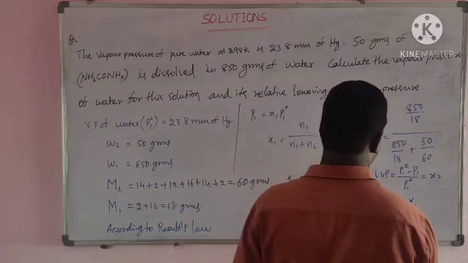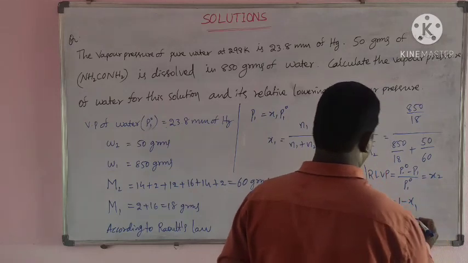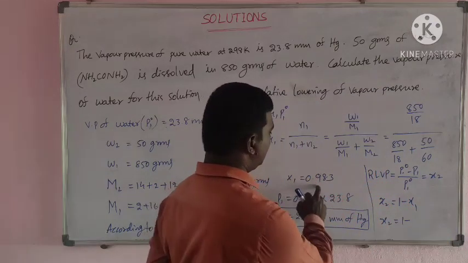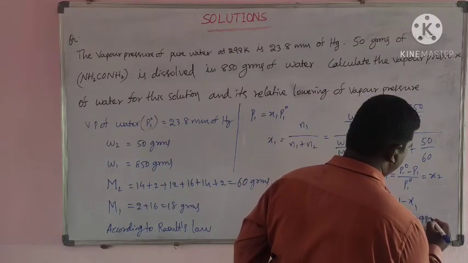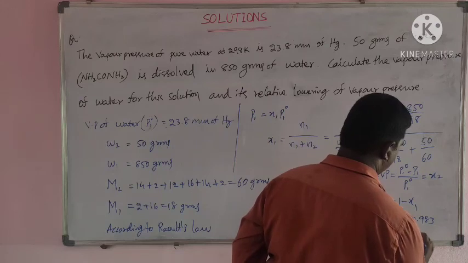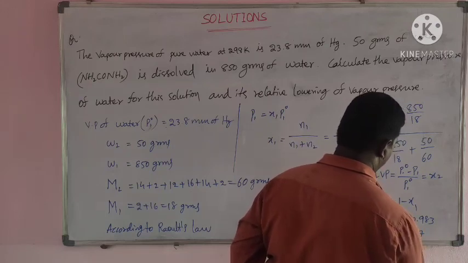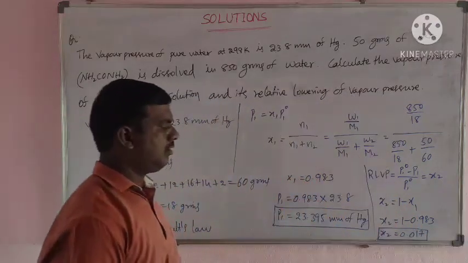So here x2 is equals 1 minus x1, that is 0.983. Therefore here x2 is equals 0.017. This is the relative lowering of vapor pressure.